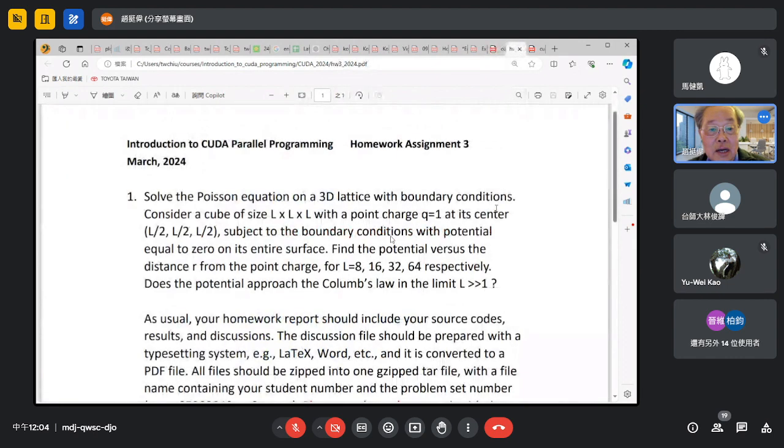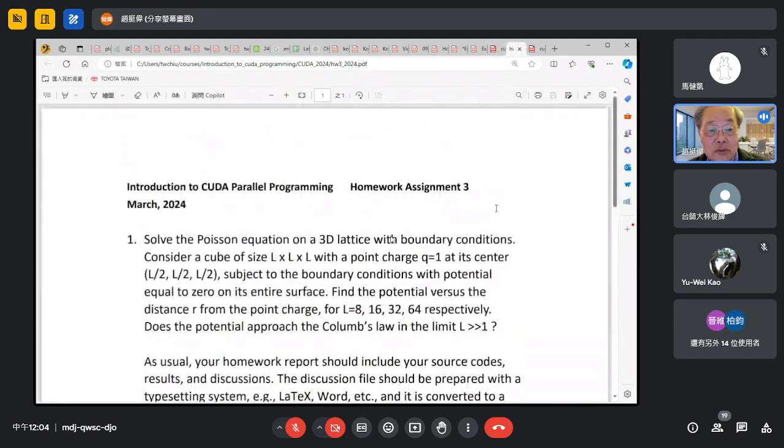Also, some of you have a question about problem set 3. The question is about the center of this lattice, L by L by L. How can the charge be at the center if L is 8, 16, 32, 64?